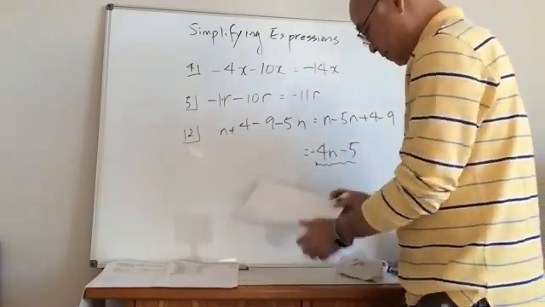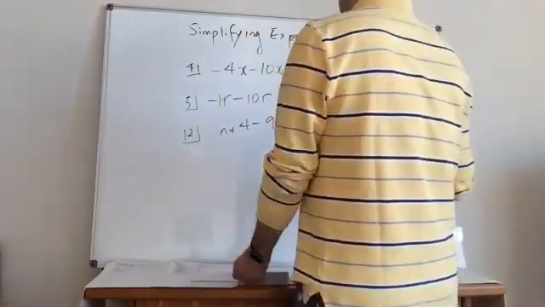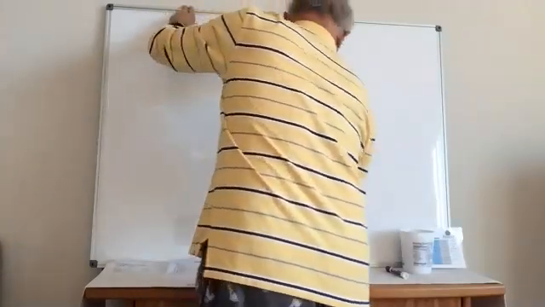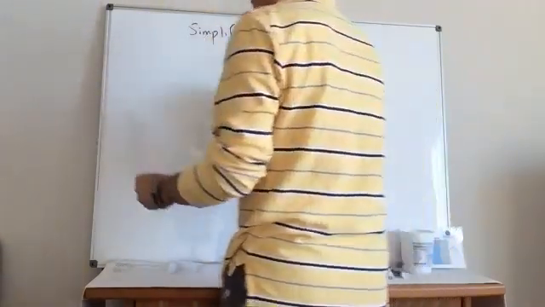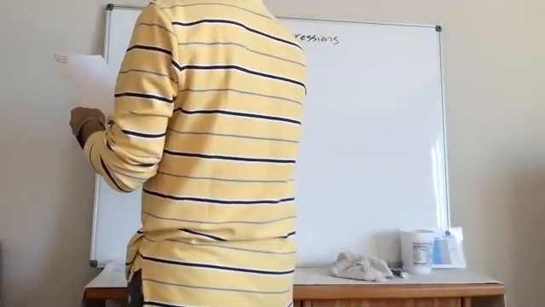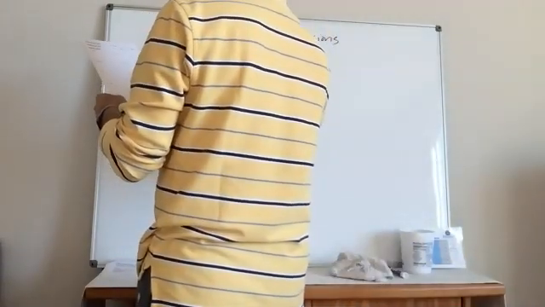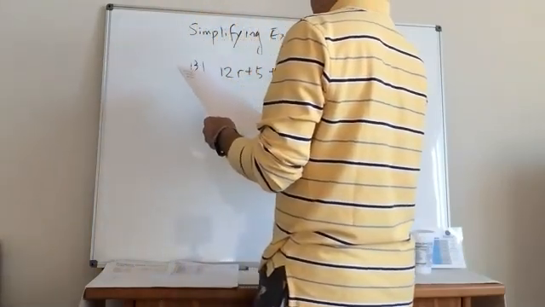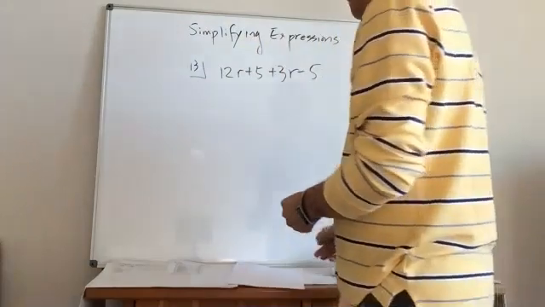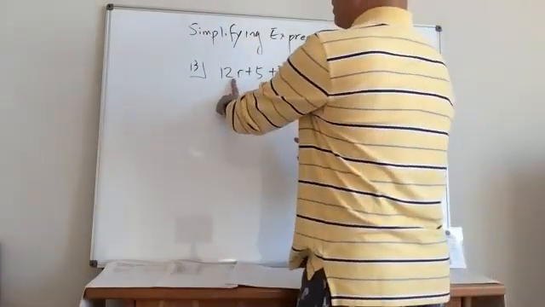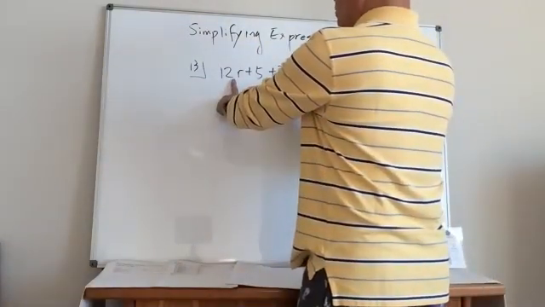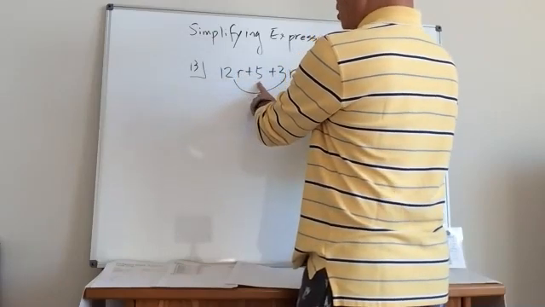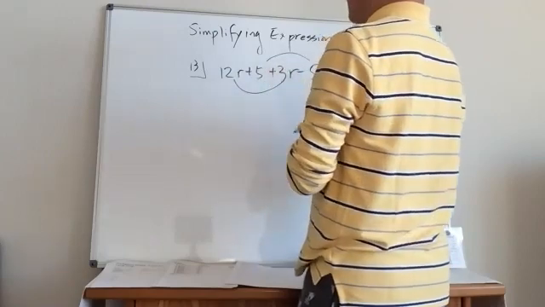Okay? Let's go to number 13. 12r plus 5 plus 3r minus 5. Here I have an r here, I have an r here, so I can combine these 2 together. These do not contain any r's, so I can combine these 2 together, right?